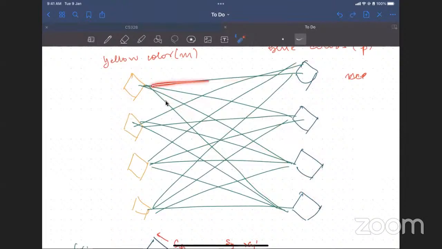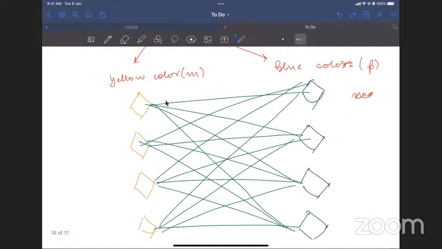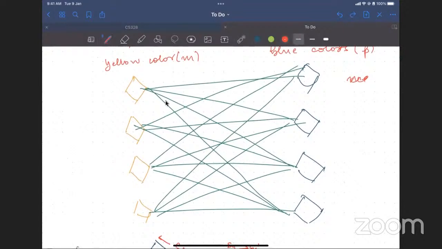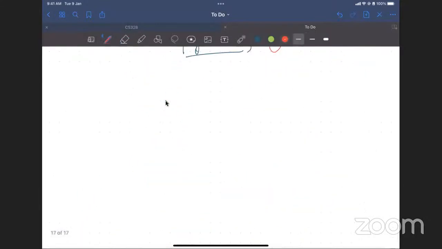If this is SB and this is SY, and this pair does not satisfy these two conditions, so there is an AND between these two conditions, these two should be satisfied simultaneously for every pair of blue and yellow squares. Otherwise you delete that edge. So you get a bipartite graph at the end of the whole algorithm.